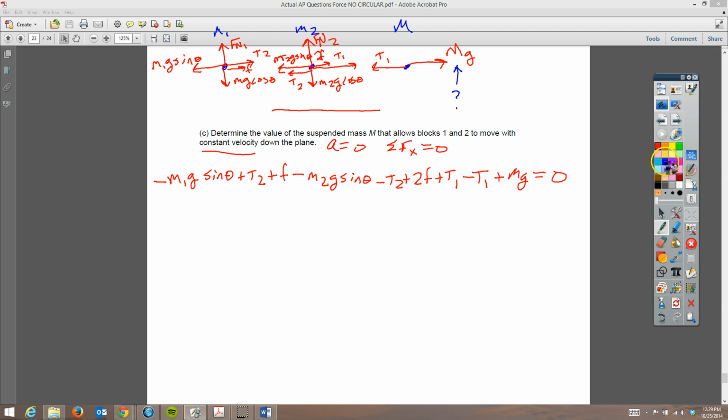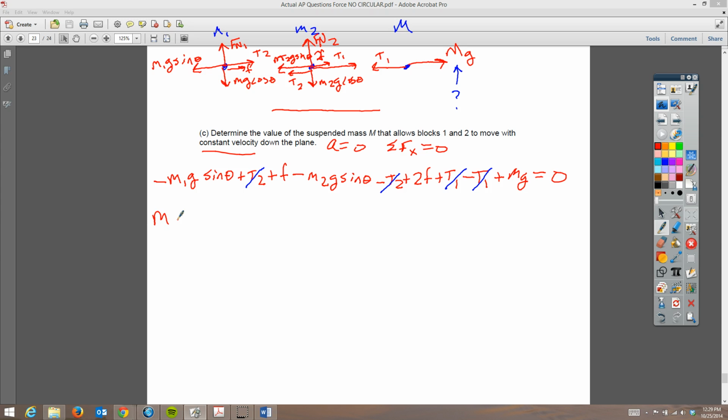So now we can go through and cross off things that are equal and opposite. T2 is equal and opposite. T1 is also equal and opposite. So let's go ahead and just rewrite our equation again with everything that we know. Let's start with Mg. We're going to write it backwards, I think, because that'll help us.